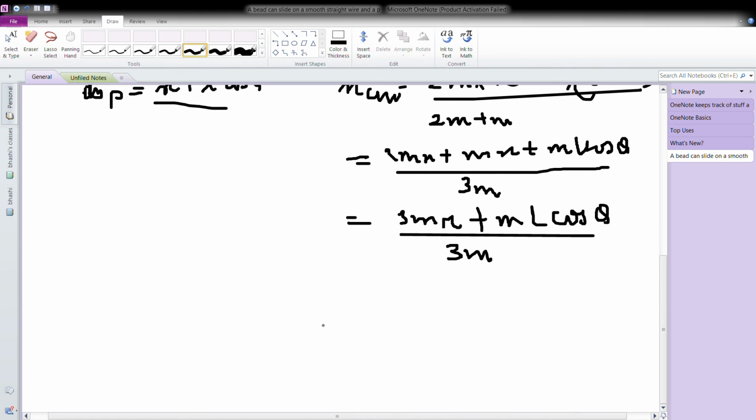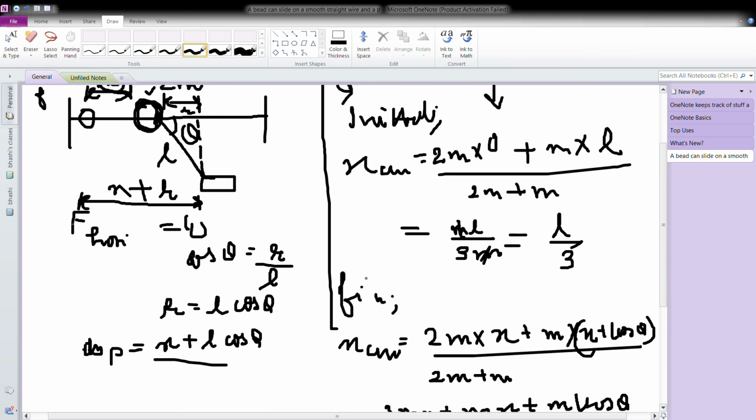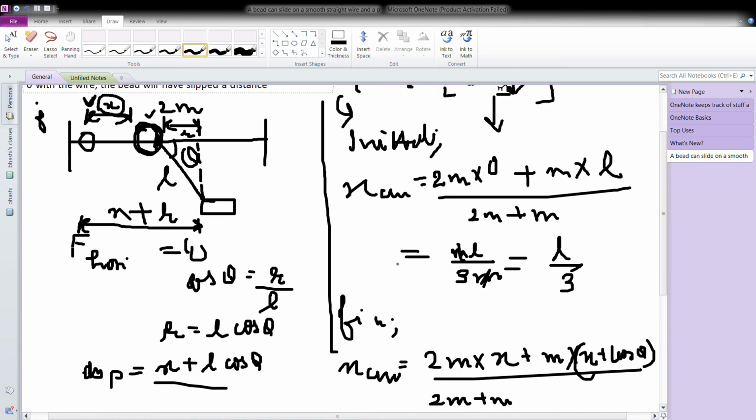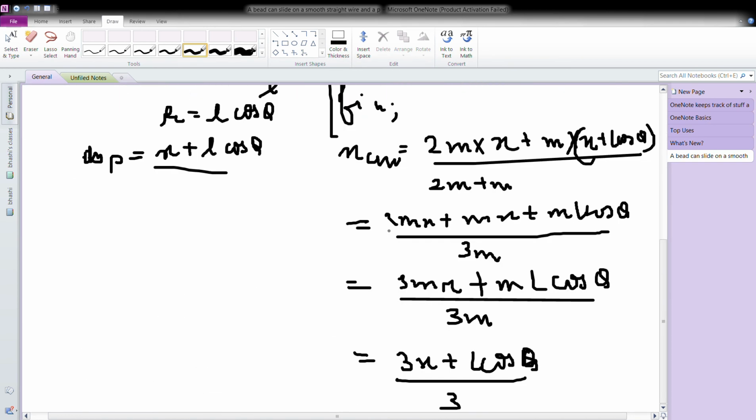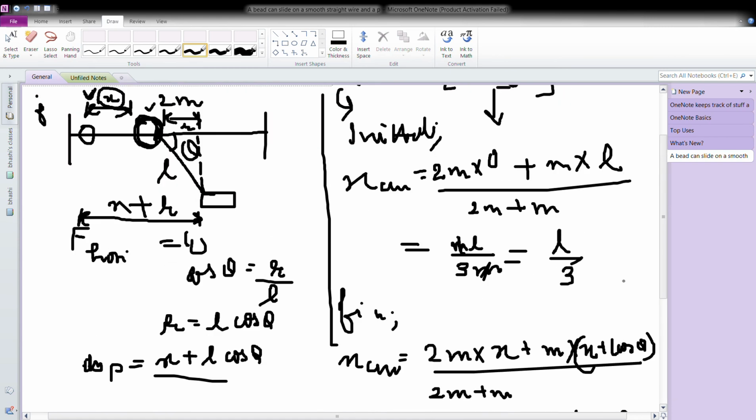Let's take out the m common. So we will be left with 3x plus L cos theta divided by 3. Okay, so we have the center of mass along x here as well, so let us equate our 1 and 2.